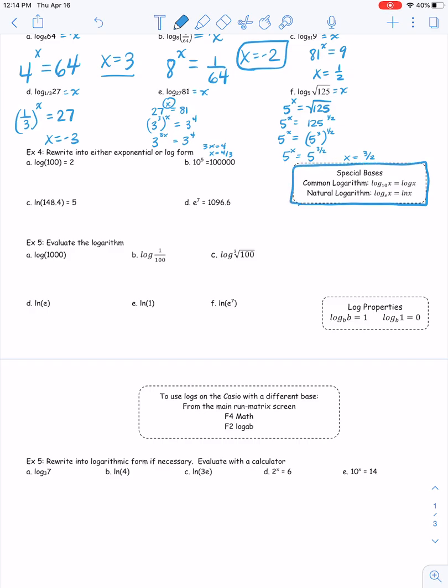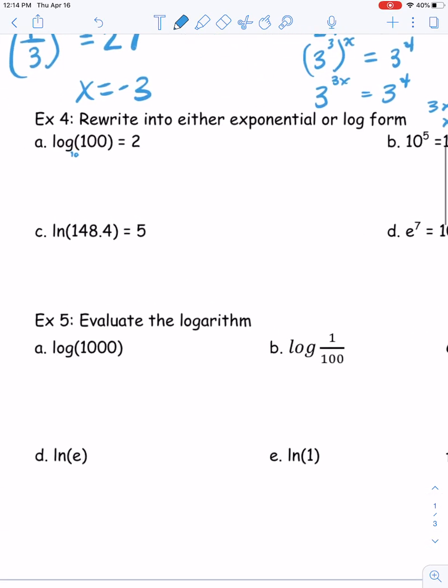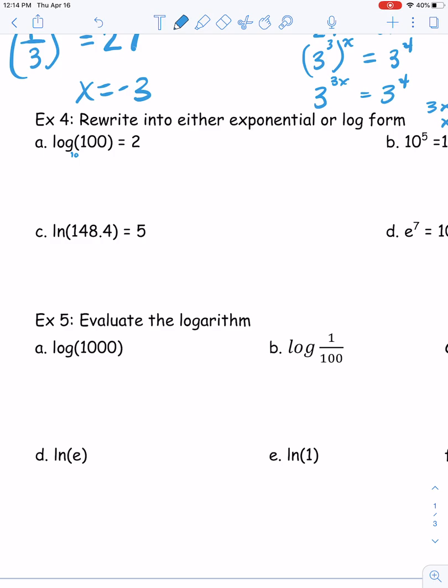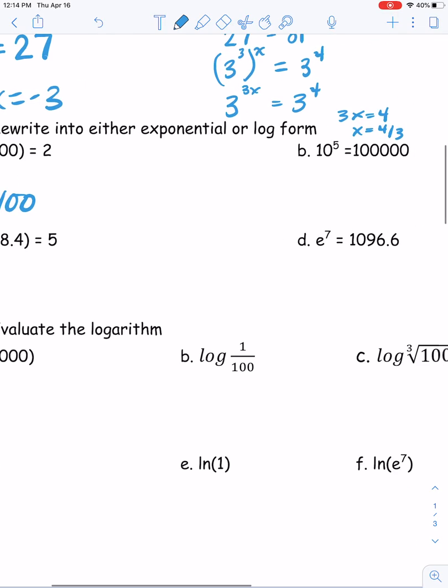So when I see log with no particular base there, then I know that it has a base of 10. If I needed to write that in there just to help me out in the beginning, then go ahead and do that. So now I'm rewriting this into an exponential form. Base of 10 raised to the second power is going to give me the argument of 100.